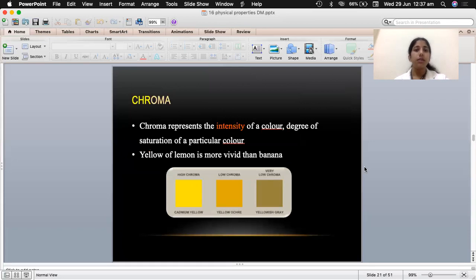Chroma represents the intensity of the color or degree of saturation of a particular color. For example, comparing a lemon and a banana, both are yellow, but the yellow of the lemon is more vivid than that of the banana. That is the difference between hue, value, and chroma.